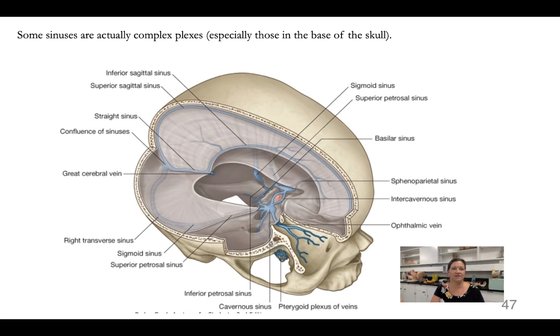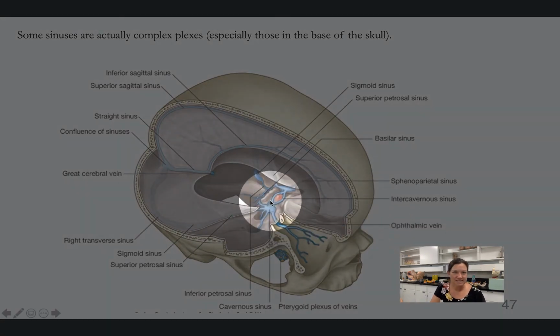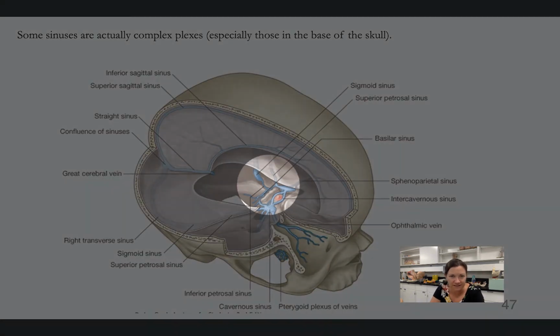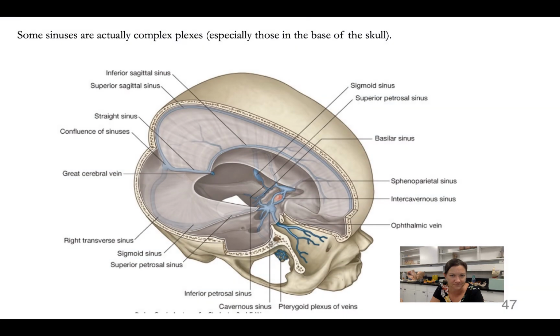And so you'll see that the plexuses in the base of the skull are actually huge. Some of the sinuses are big, complex aggregates of veins. We're not going to go into the specifics of those. Here's another view, because I feel like I did a bad job, of the sigmoid sinus draining almost parallel to the superior petrosal.